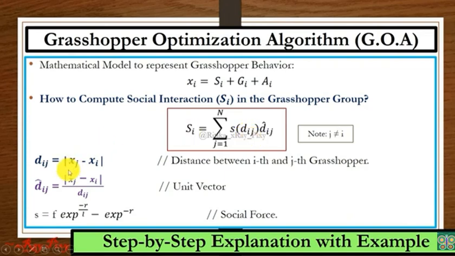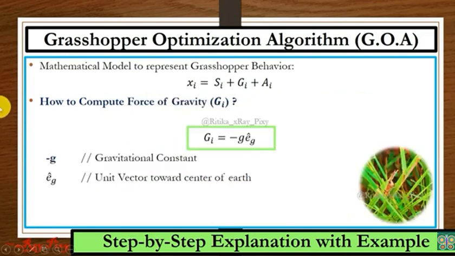As you can see, this is the distance between two grasshoppers and this is the unit vector. And please note that the value of j is not equal to i, as we are going to compute the distance between the ith and the jth grasshopper. So the values for i and j are not equal, so we need different values.